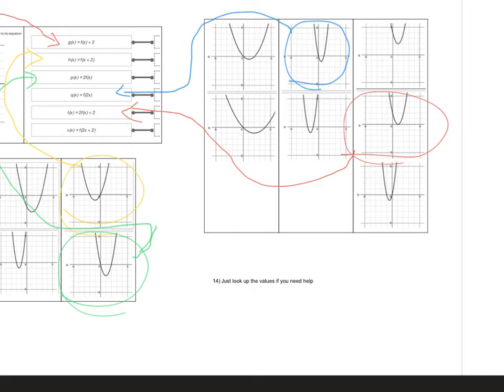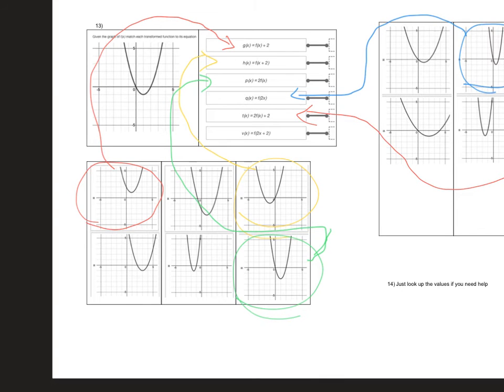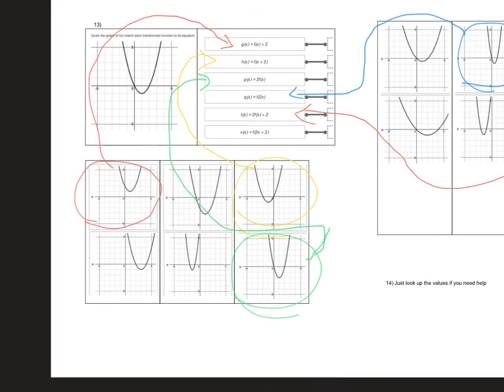And then for the last one, you do the opposite order of operations. So I'm going to move it left 2, and then I'm going to divide it by 2. So thinking about that, I'm going to move left 2, 1, 2, and then cut that in half. So I need a vertex of -1/2.